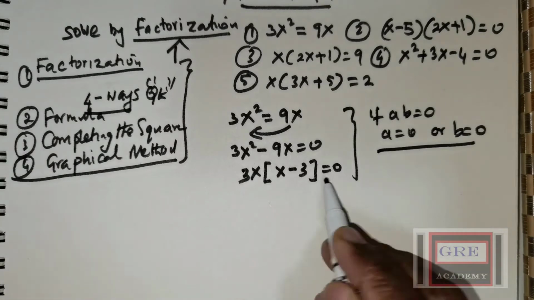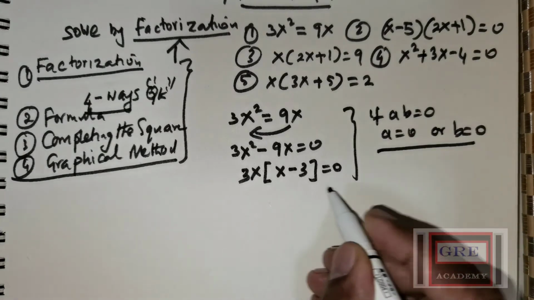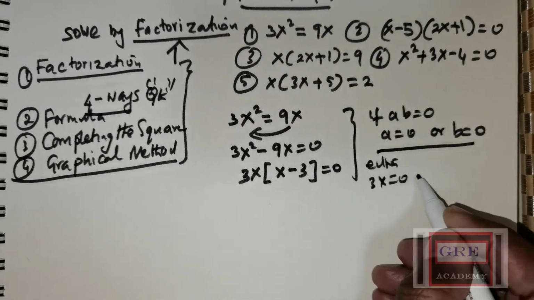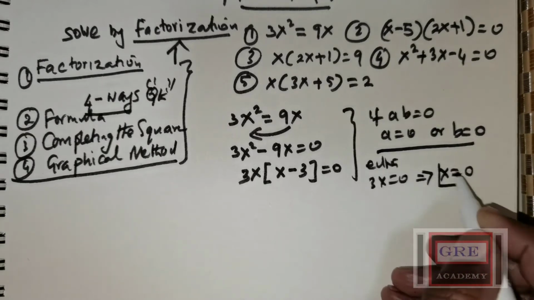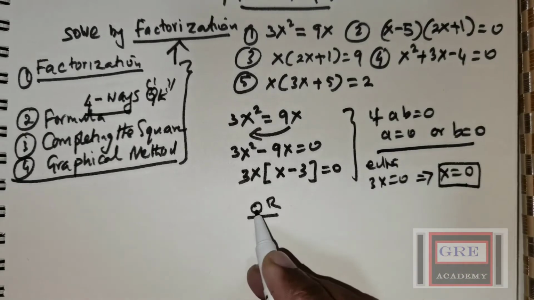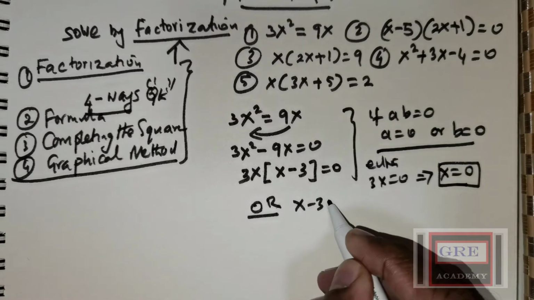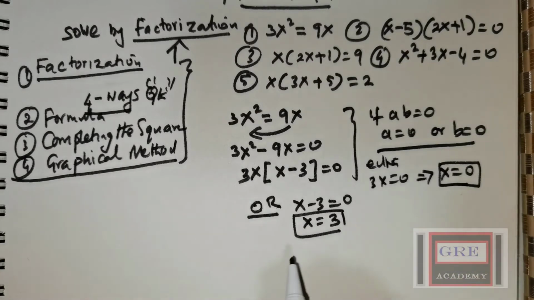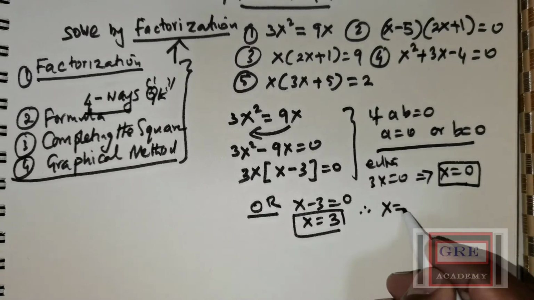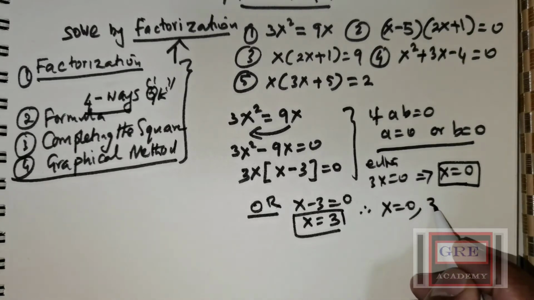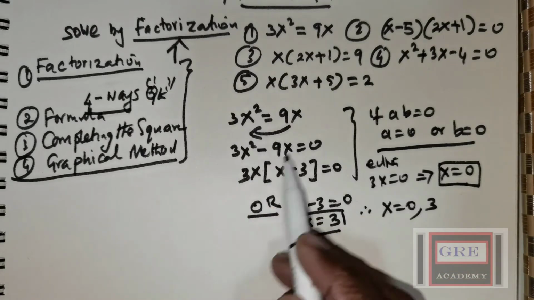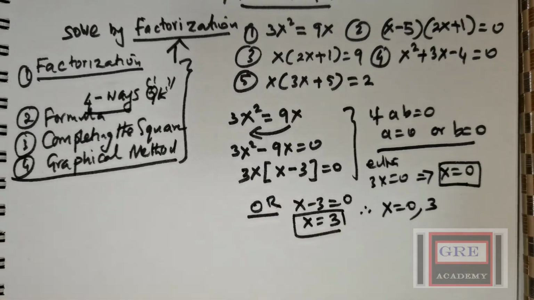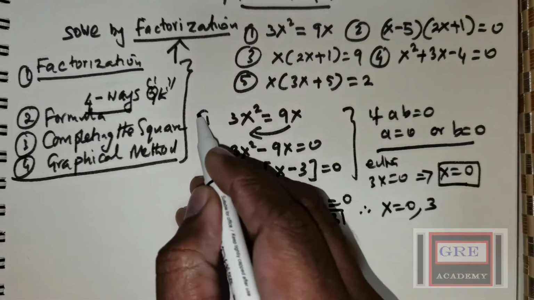So from this, you can clearly write that either 3x is equal to 0, which means x is equal to 0 will be a root, or, this word is important, x negative 3 is equal to 0. From here you get x is equal to 3. So you have got the solution as x is equal to 0, x is equal to 3 to be the roots or the zeros or the values that satisfy this equation. So this is the solution for question number 1.